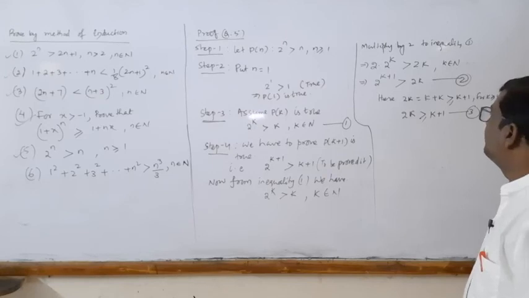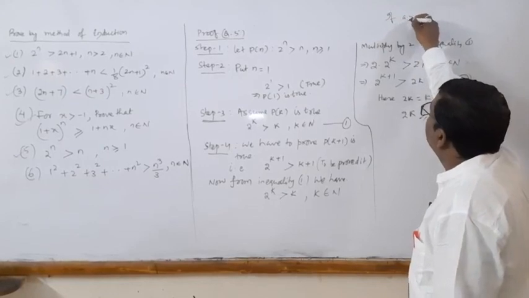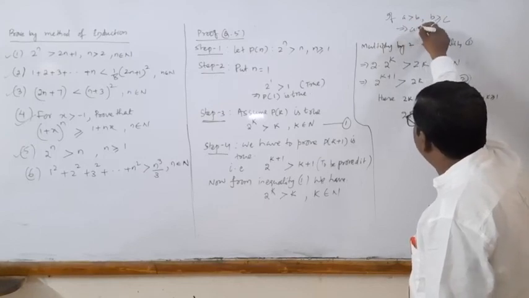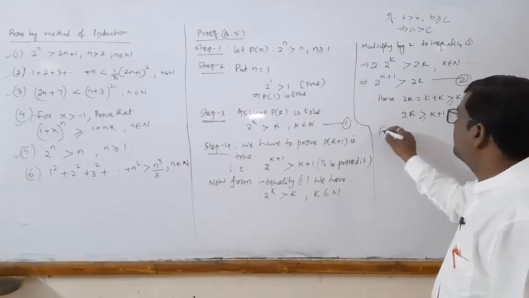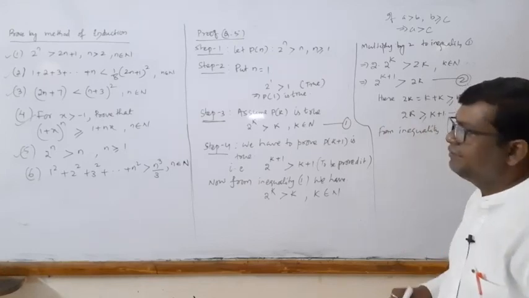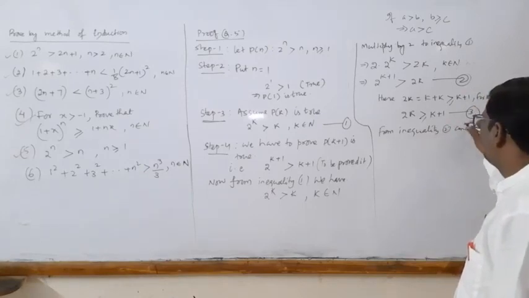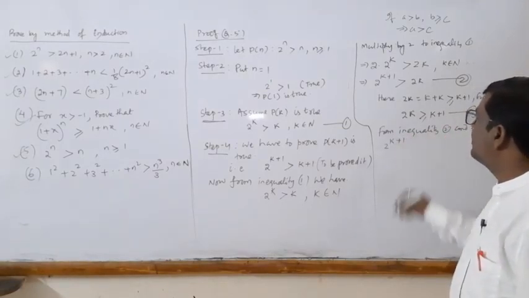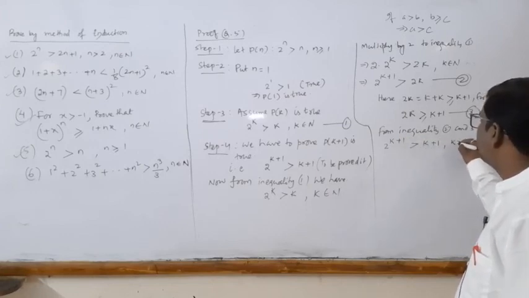The logic is, if A greater than B greater than or equal to C, we can write A greater than C. So from inequality 2 and 3, 2 to the power k plus 1 greater than k plus 1 for k greater than or equal to 1.